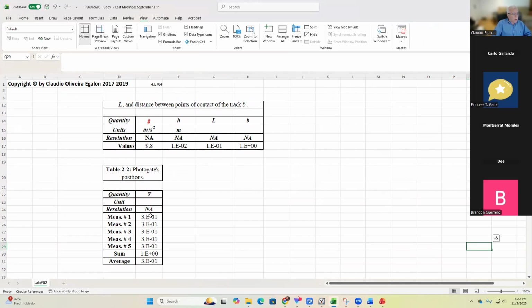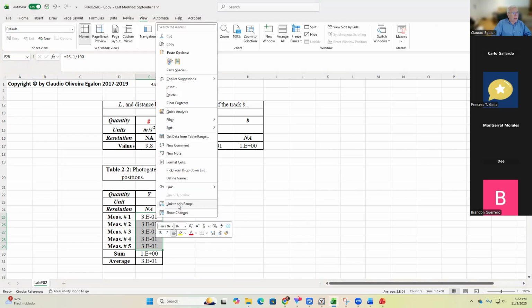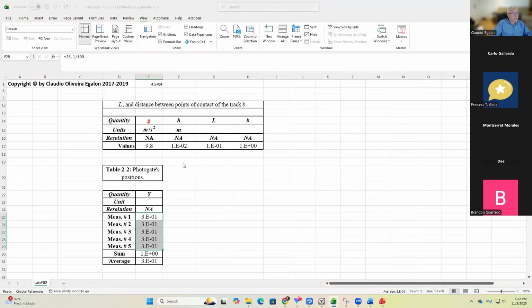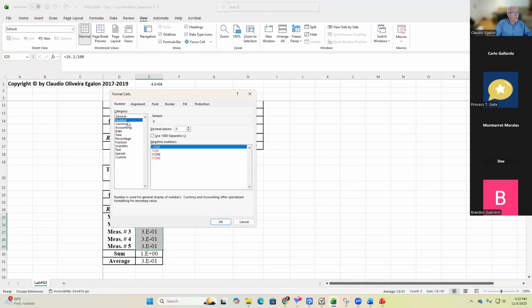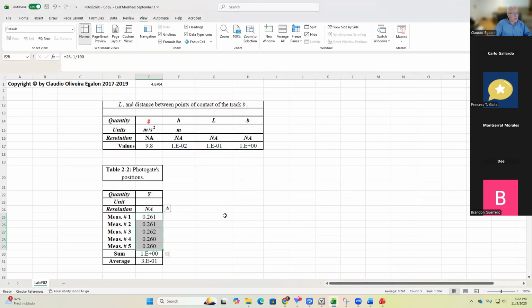So where do you use the rule of summation for significant digits here? You use it right here for those measurements. The measurement of the position Y was taken with a tape measure that has a resolution of 1 millimeter, so I'm going to display it with the proper number of significant digits, numeric, 3 decimal places, because the resolution is in millimeters.